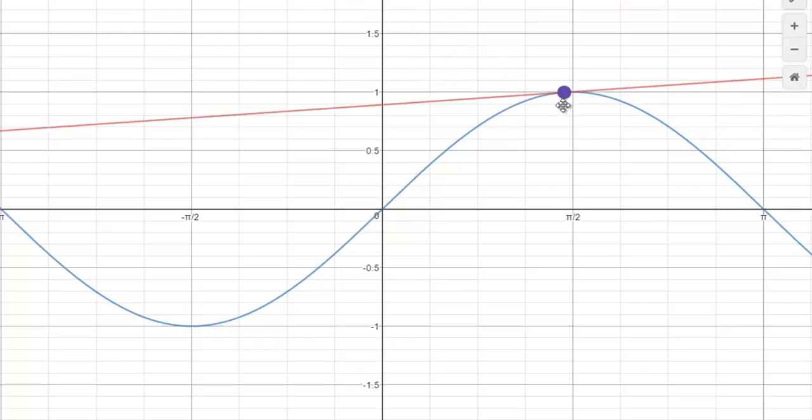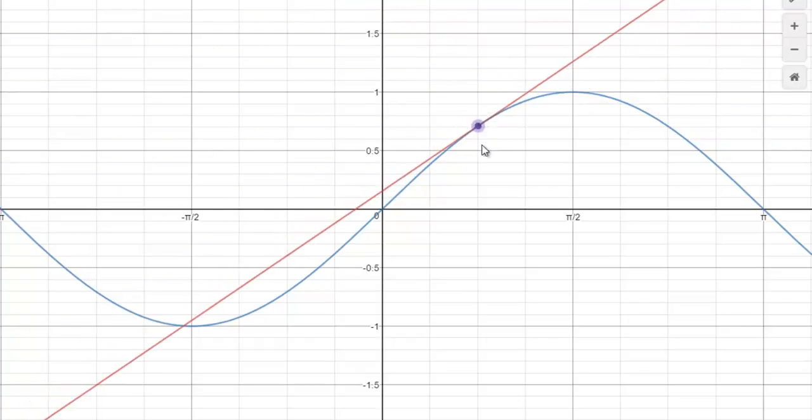Now, of course, right there, that tangent line is not just touching the curve at a single point. It's touching down here at about negative pi over 2, and it's also touching that purple dot right there at the point of tangency. So the idea of it just touches the curve is not exactly accurate.